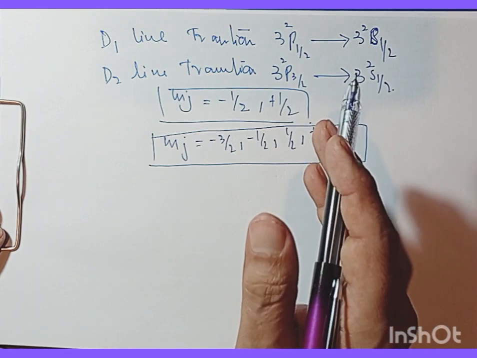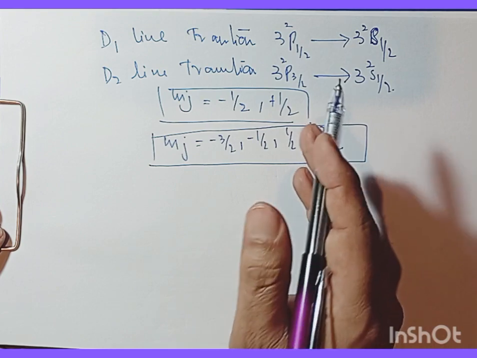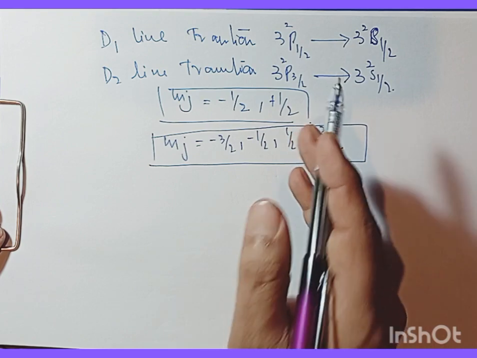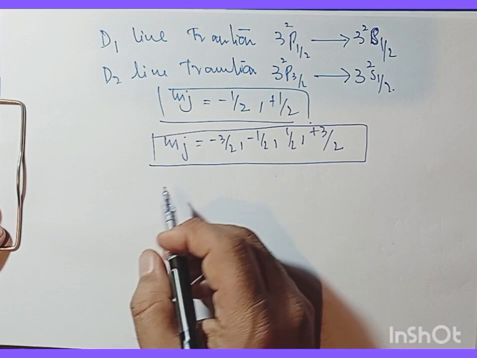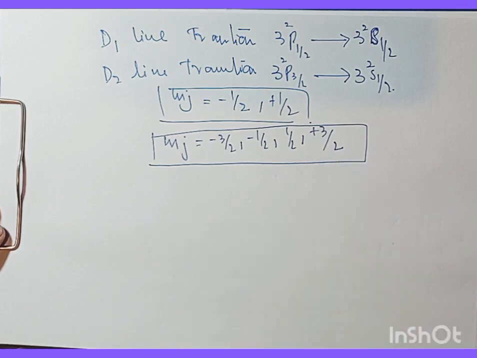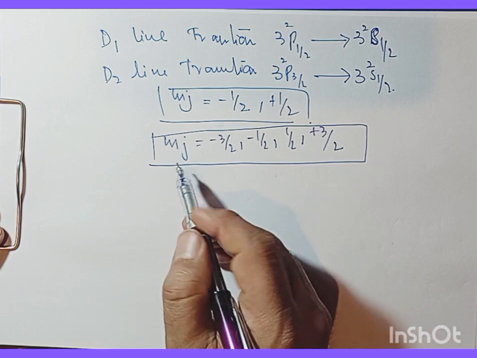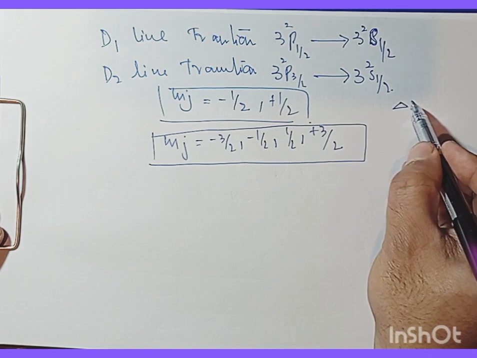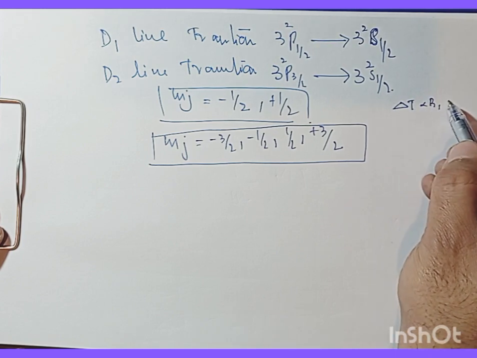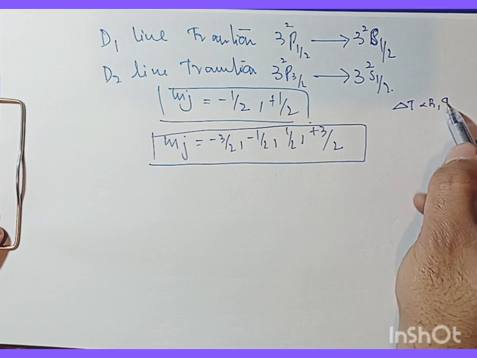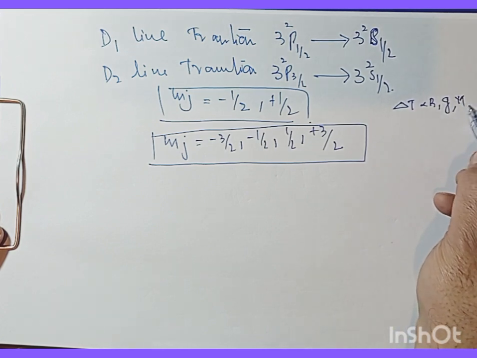So this gives the quantum numbers that are necessary for the determination of the splitting. We have already seen that the change in energy depends on the magnetic field, on the splitting factor, and on the magnetic quantum numbers.